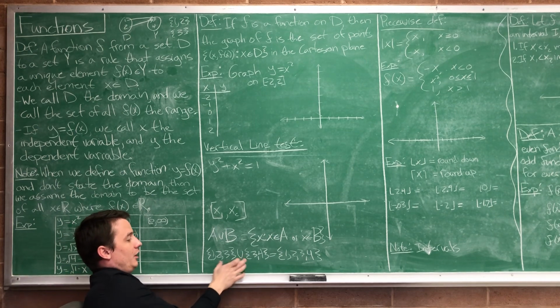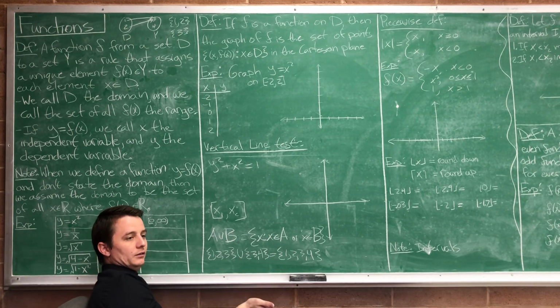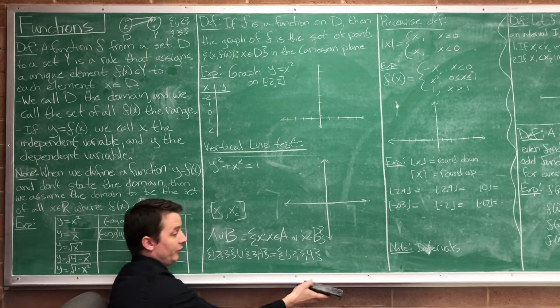Unioning sets just takes all the elements that are in here or in here and puts them all in one set. They just include everything in both sets.